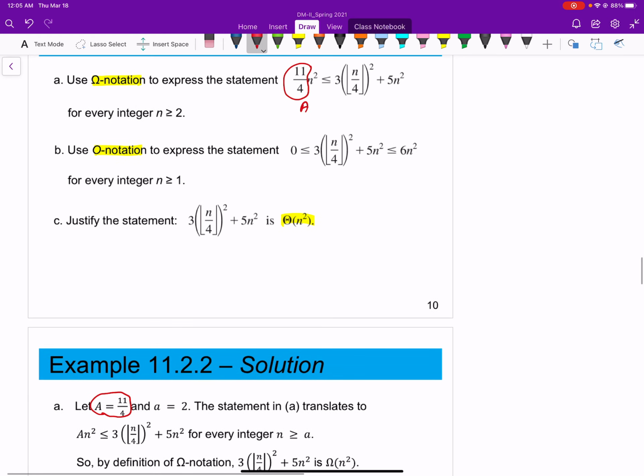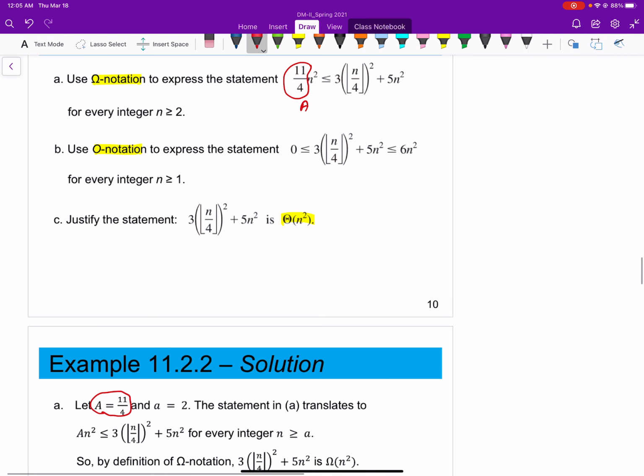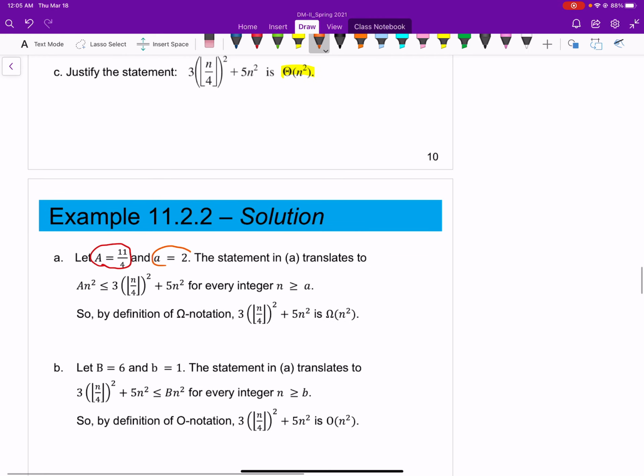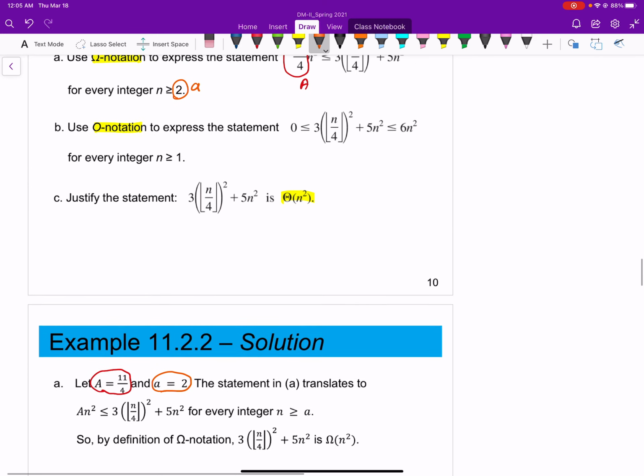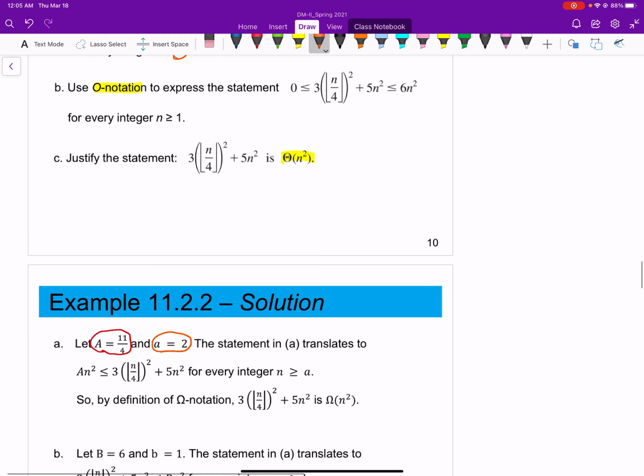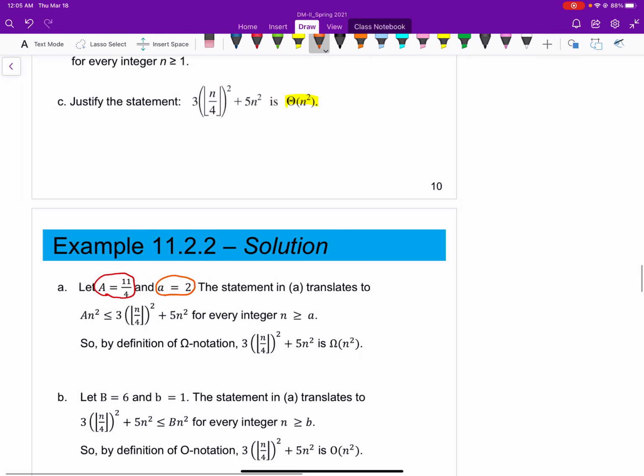And then you have to recognize this, which is just a, lowercase a. After you recognize uppercase A and lowercase a, you can write the same expression like this. It is for every n greater than or equal to a.